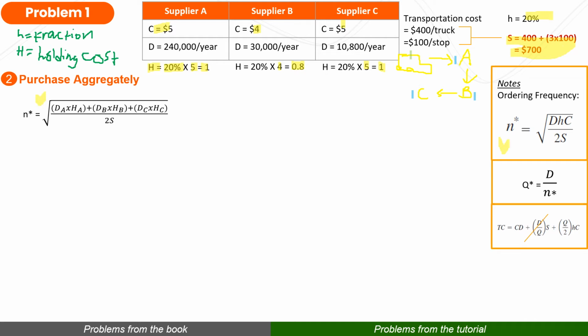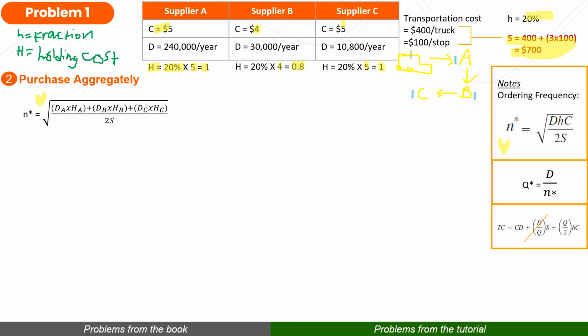So N star is the root from annual demand from supplier A times the holding cost from supplier A plus the annual demand from supplier B times the holding cost from supplier B plus the annual demand from supplier C times the holding cost from supplier C divided by 2 times the ordering cost.